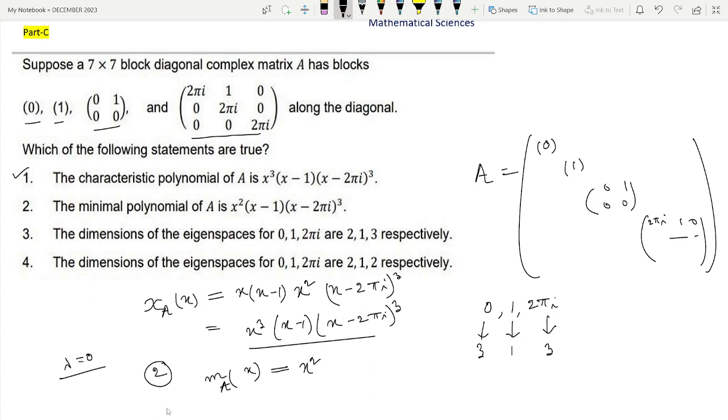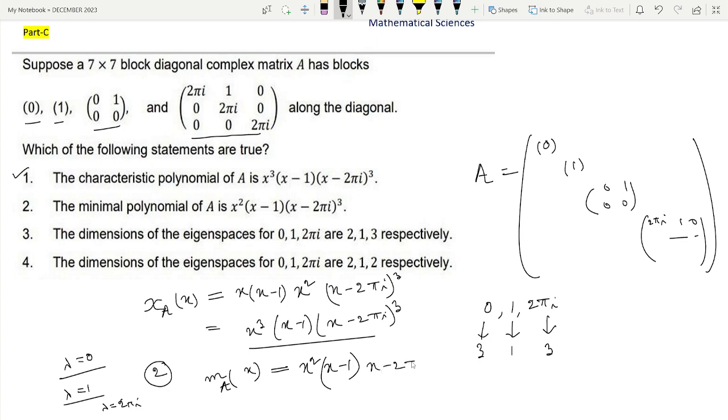Then consider lambda equal to 1. Here the algebraic multiplicity is 1, so it will be just x minus 1. 1 appears in the minimal polynomial 1 time as a root. And then consider lambda equal to 2 pi i. There is a block corresponding to this 2 pi i of size 3, so 2 pi i appears 3 times as a root in the minimal polynomial.